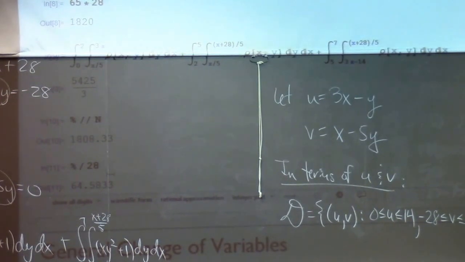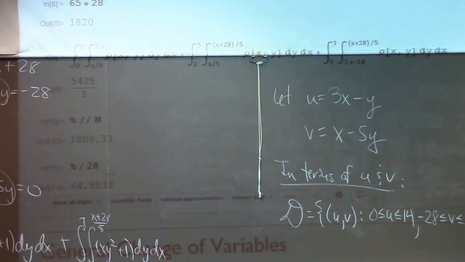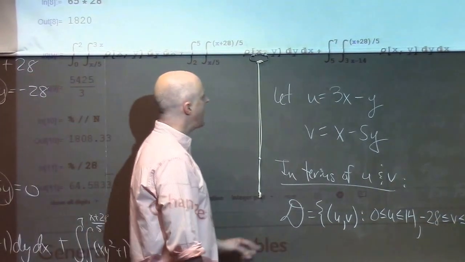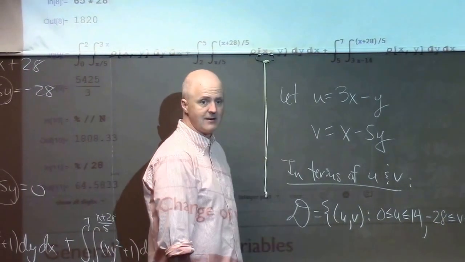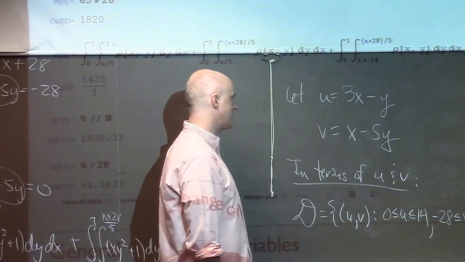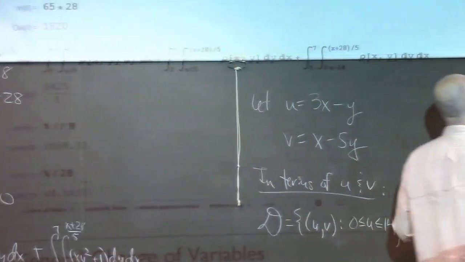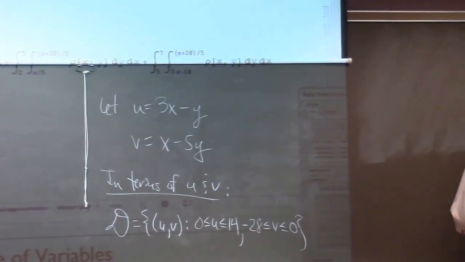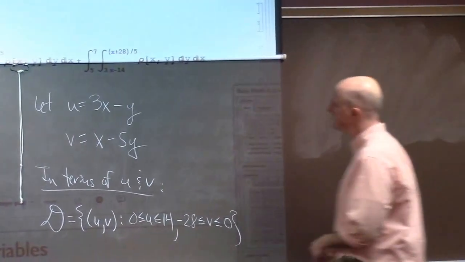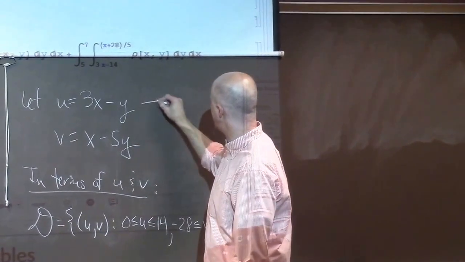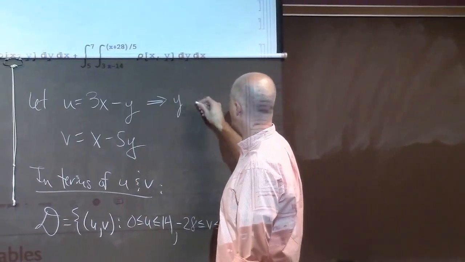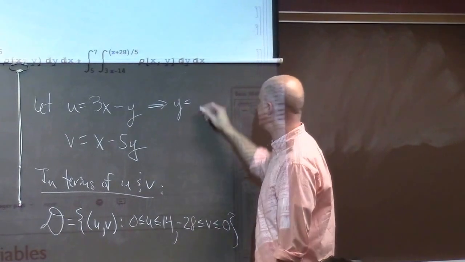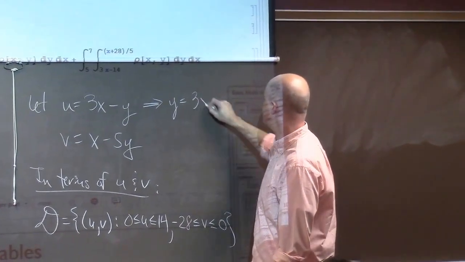We do pay a little bit of a price, though. The formula for the density becomes more complicated. We essentially have to get rho in terms of u and v, which means we need to do a little algebra here. We need to solve for x and y in terms of u and v. It's not too bad here. You can solve this equation first for y in terms of u and x. y will equal 3x minus u.